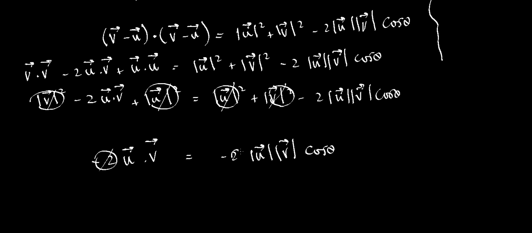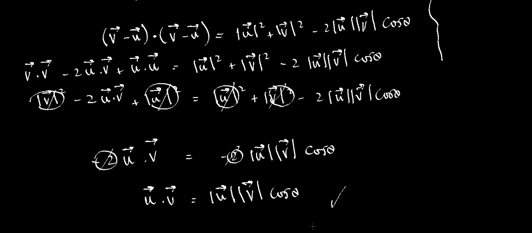The negative 2 cancels the negative 2, and I end up with u dot v is equal to the magnitude of u the magnitude of v cosine theta. And this is just one of the properties of dot product, or that's the theorem of dot product. The dot product of u and v is equal to the magnitude of u magnitude of v cosine theta. So this is true.